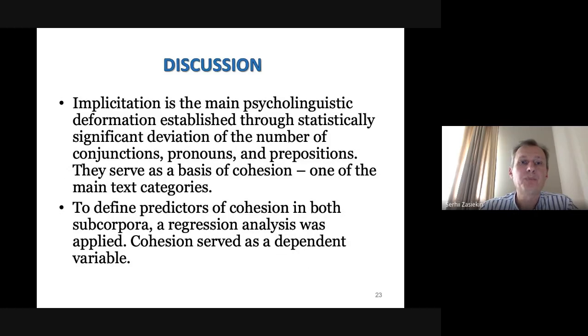So, according to the data, implicitation was the main psycholinguistic deformation, established through statistically significant deviation of the number of conjunctions, pronouns, and prepositions. As I said, they serve as a basis of cohesion, one of the main text categories.